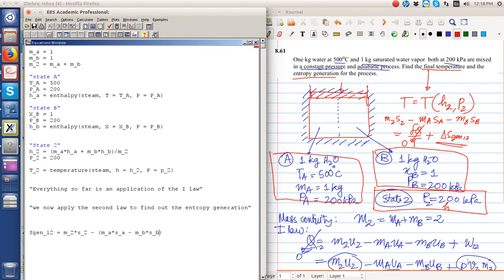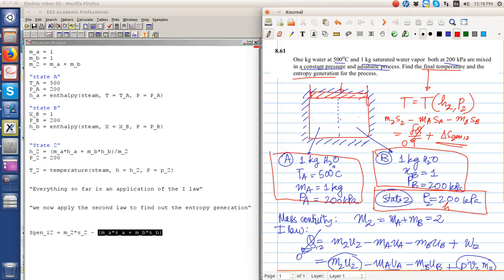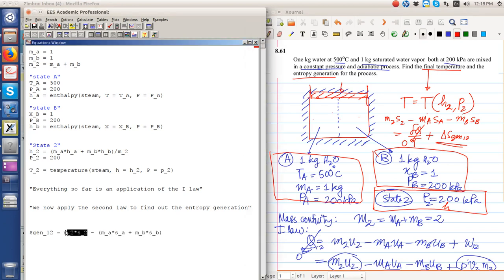The first term is the entropy of the final state, the mixed state. The other terms are the entropy of the initial state, comprised of the two individual chambers before mixing.